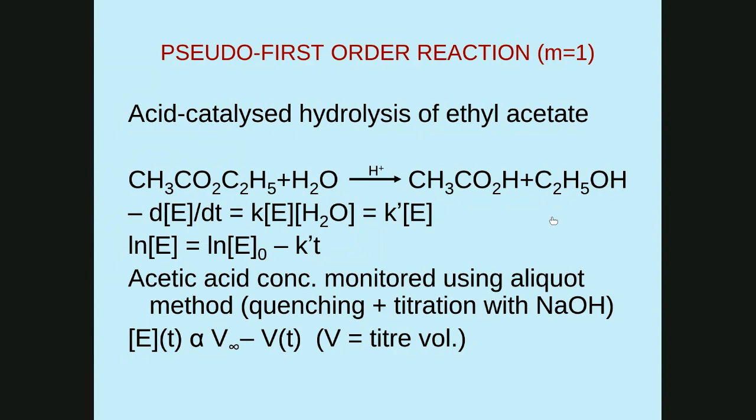And Vt measures how much of the ethyl acetate has been converted into acid. So V infinity minus Vt is a direct measure of what remains as ethyl acetate at time t.